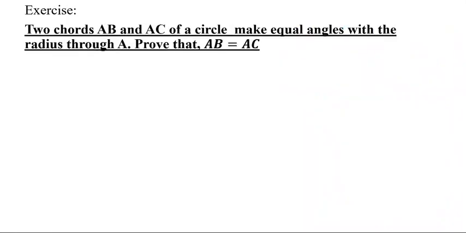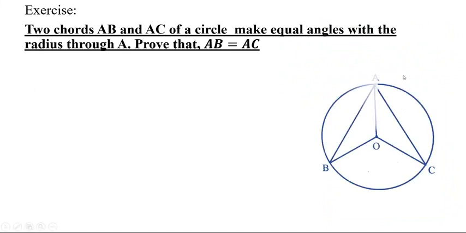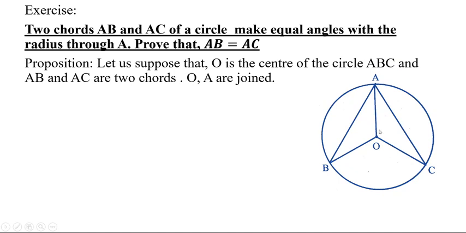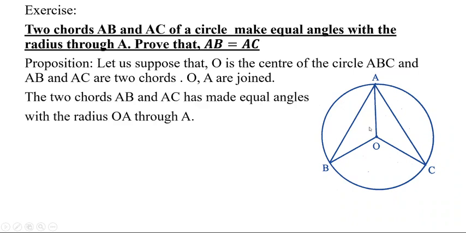Now, another exercise. Two chords AB and AC of a circle make equal angles with the radius through A. We have to prove that AB and AC are equal. Let us suppose that O is the center of the circle ABC and AB and AC are two chords. O, A are joined.